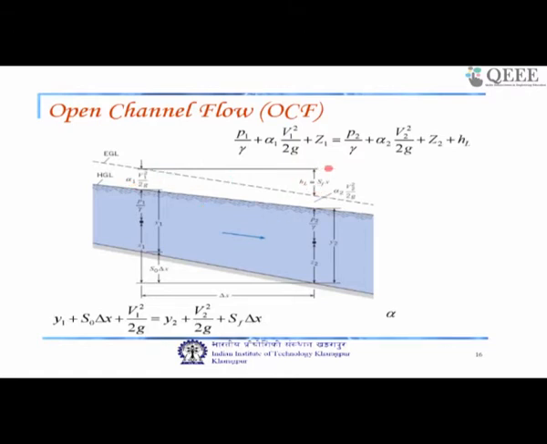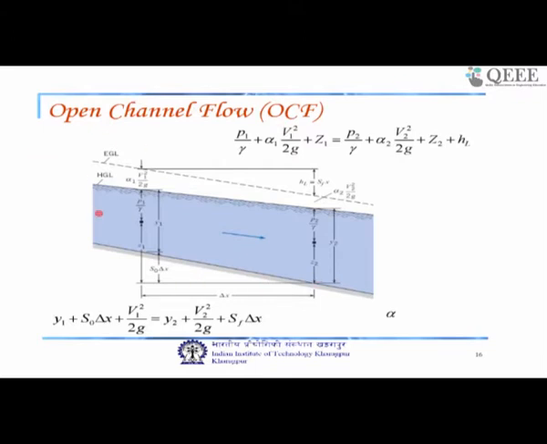So, the difference is the head loss, and head loss can be represented as SF, the energy slope, into the distance, delta x, between two points.